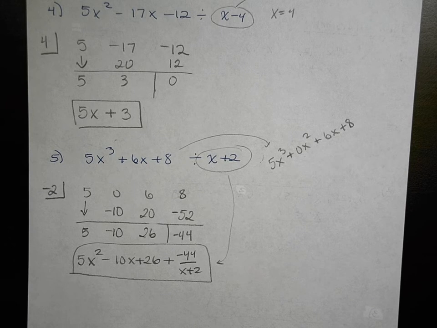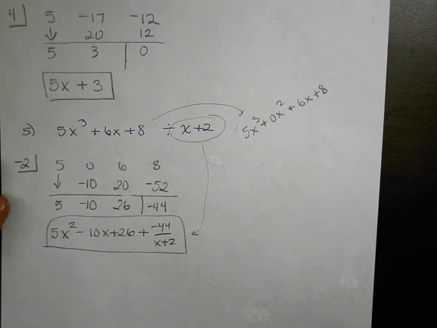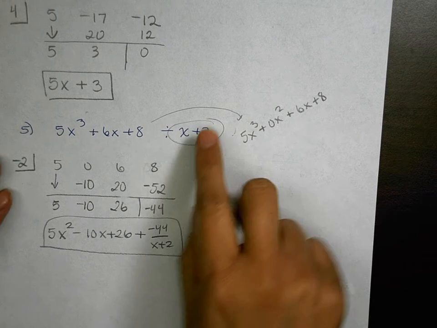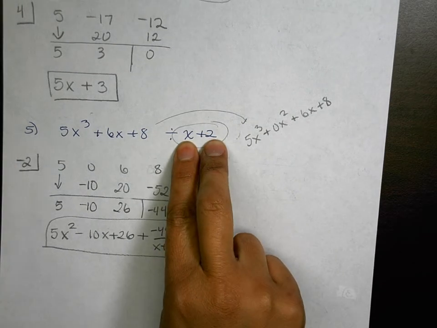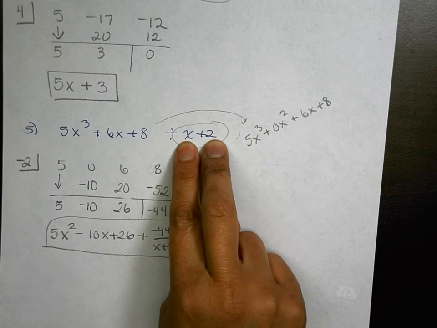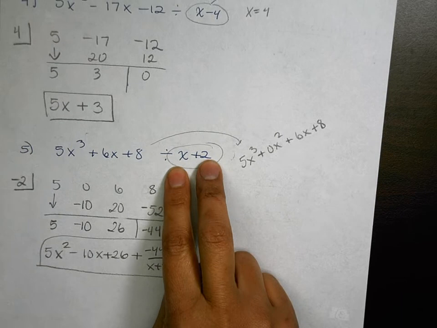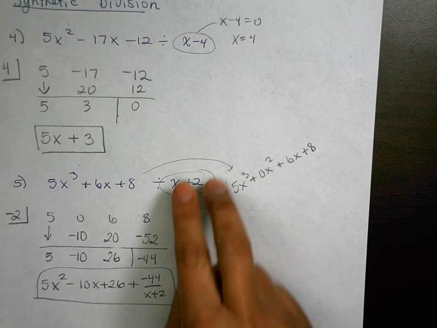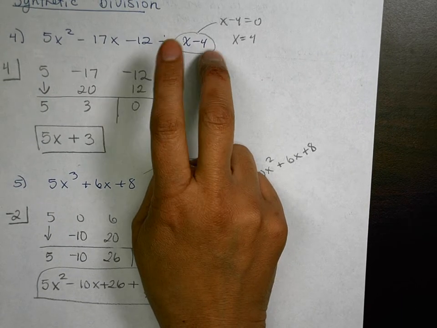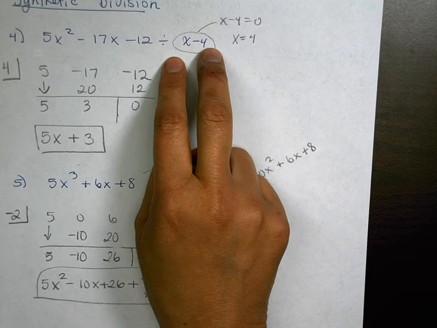Okay. Now her question, I need everybody listening because that has not come up all day and I should have gone over it with my other classes. Can you repeat it? If you were dividing by x squared plus 2, would you subtract 2 instead of 4? Okay. Whenever you're doing synthetic, you can only use synthetic for something basic like x plus 2, x minus 3. They can't be squareds or anything like that.